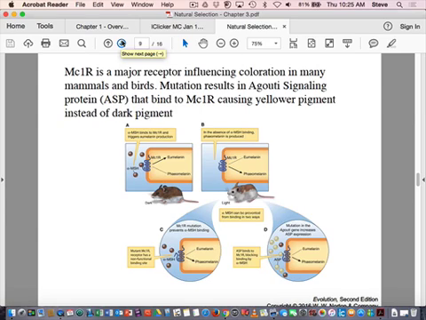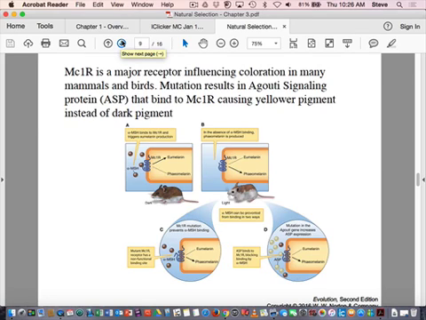So it's a major receptor that influences coloration in many mammals and birds. You don't have to worry about too many details. Here's the receptor on the cell, and there's what's called alpha melanocyte stimulating hormone that has to bind to that receptor, or it can.